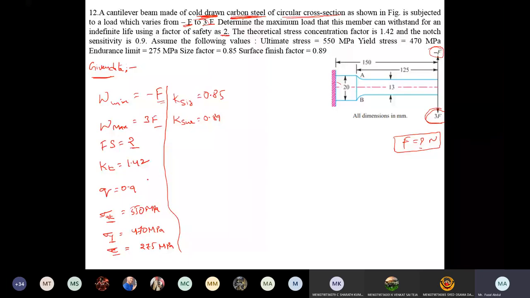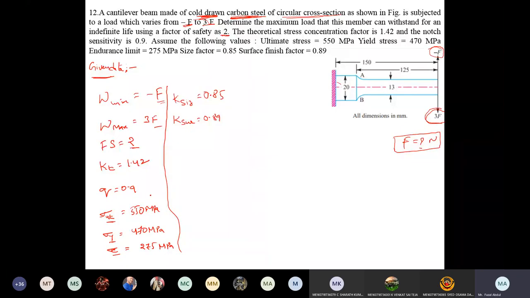Why am I selecting the Soderberg-Goodman relation? Because the load is fluctuating, from negative to positive. This means the problem belongs to variable stresses, where fluctuating loads and fluctuating stresses are involved.